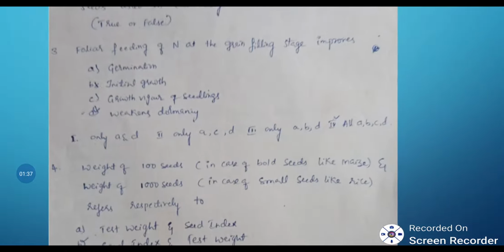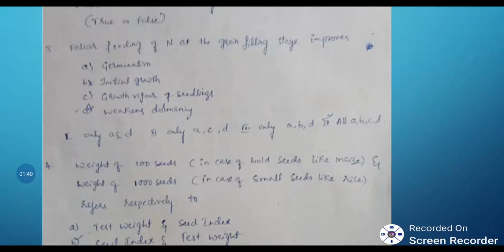The third question is, foliar feeding of nitrogen at the grain filling stage improves. Options given here are germination, initial growth, growth vigor of seedlings, and weakens dormancy. The best and suitable answer to this question is that it weakens the dormancy.